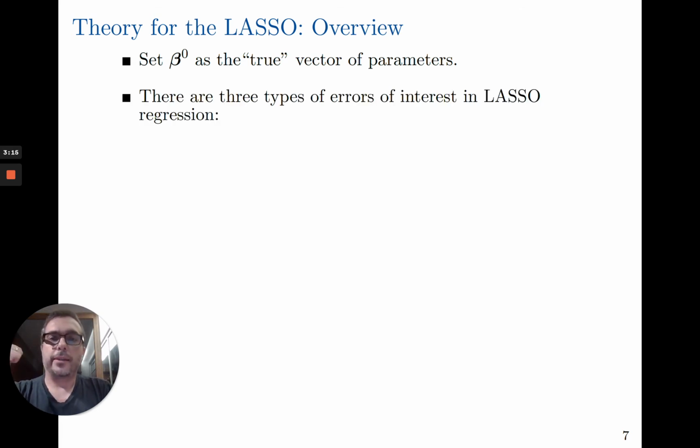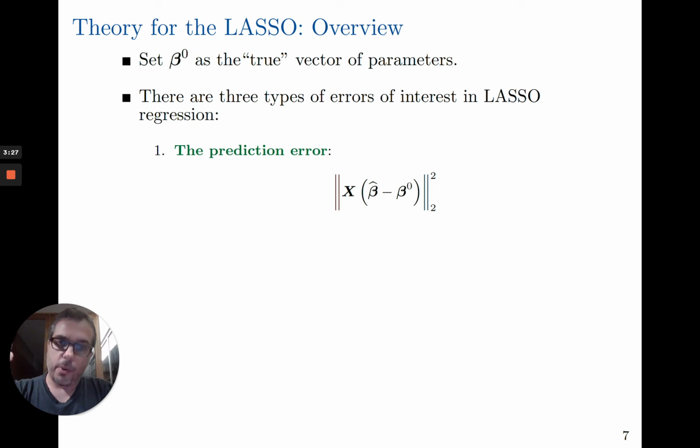And there are going to be three types of errors that we will be interested in. The first one is the prediction error, which we can represent by the squared L2 norm of x(beta hat minus beta naught). And why is that? So let's do something here. Let's write the error as being y hat, the prediction that we make, minus y.